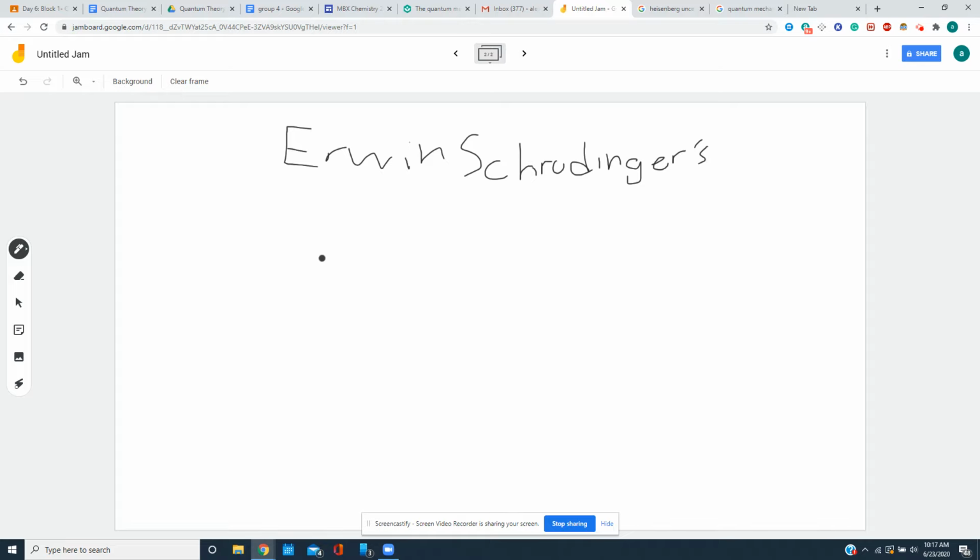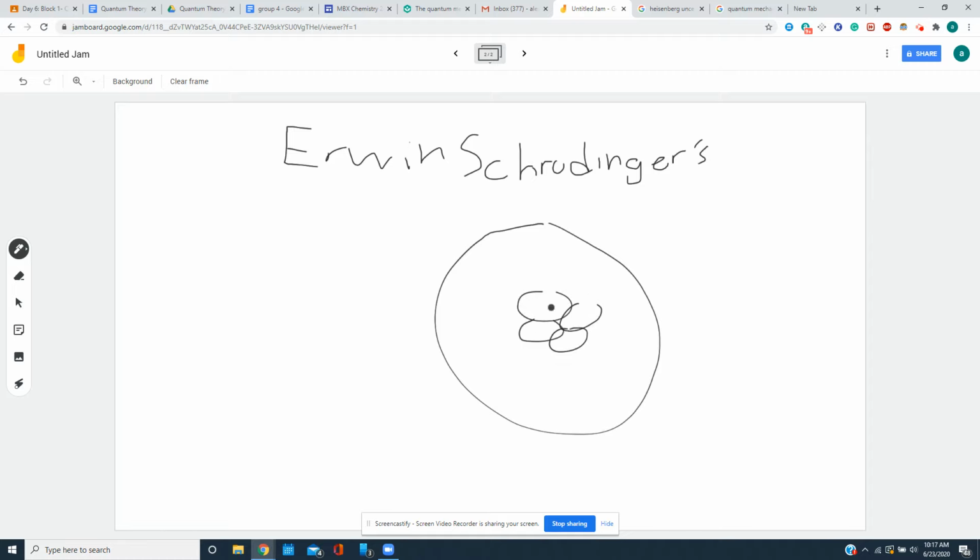So the modern description of how to find an electron in the atom comes from the quantum mechanical model. Let me just draw the quantum mechanical model. It would look something like this, and inside here is the nucleus.